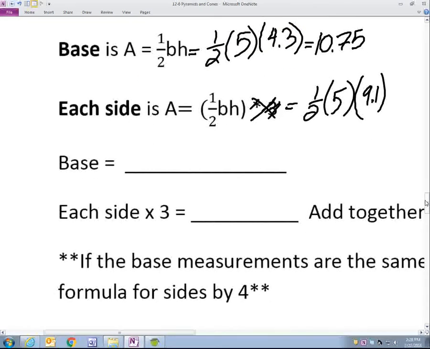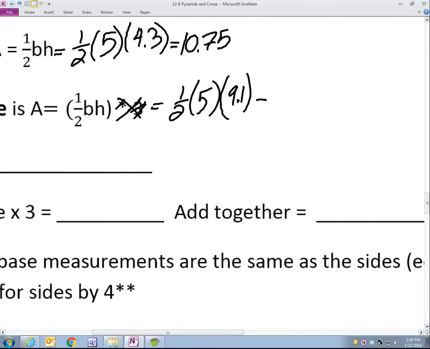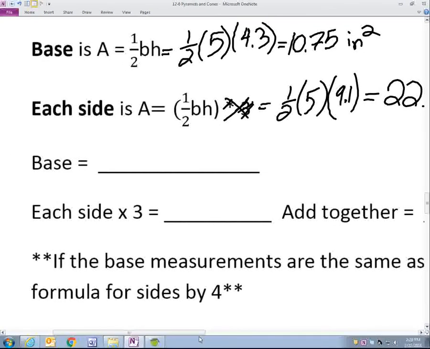So what is 1/2 times 5 times 9.1? Now we have that as one side of it. That doesn't take care of all of them. That only takes care of one face, and we've taken care of one base. How many faces do we have that are the same? 3. So my base is 10.75 inches squared.